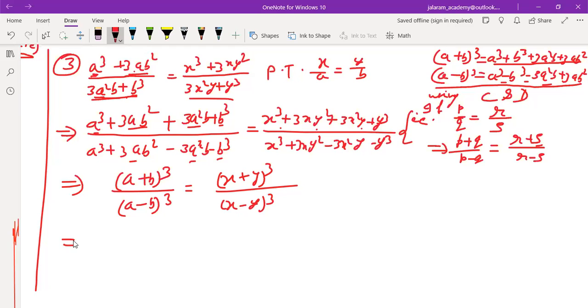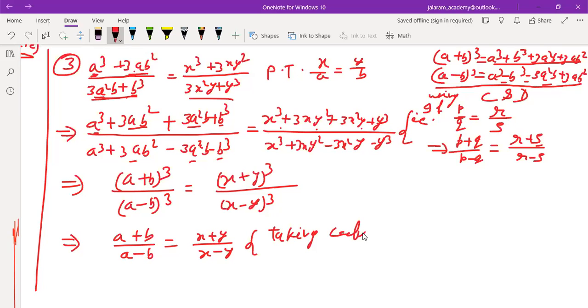So when we take cube roots on both sides, we get a plus b over a minus b equals x plus y over x minus y. Better if you write these formulas which we have used, and I have already written this portion in this place.